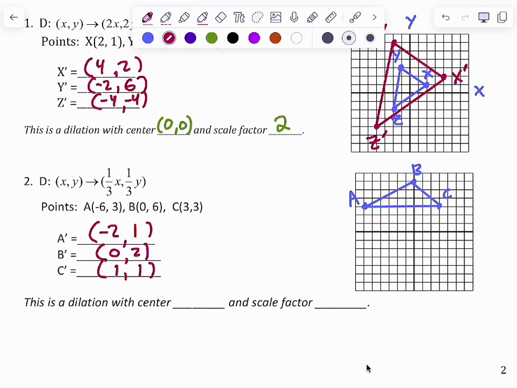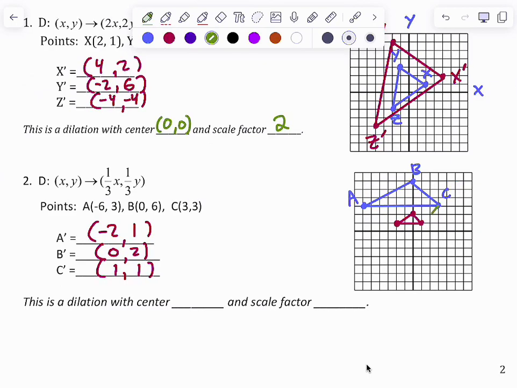Then I plot those. This triangle should look tinier, and all the sides should be 1/3 the size. And again, you don't have to draw these lines, these green lines I'm about to do, but if I connected C to the new C, B to the new B, and kept going, I'd be headed towards the origin.